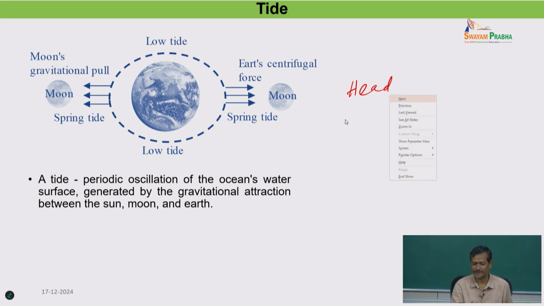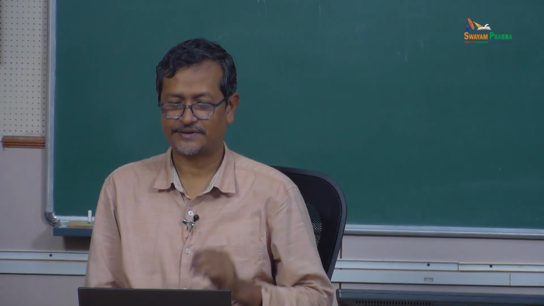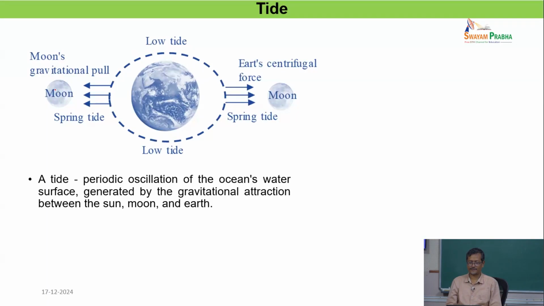So, we are discussing tide creation. Because of tide creation there will be water mass flow, and because of that we will get energy by running a low head turbine.